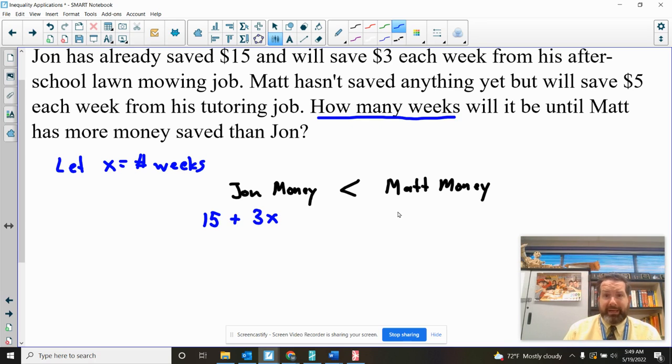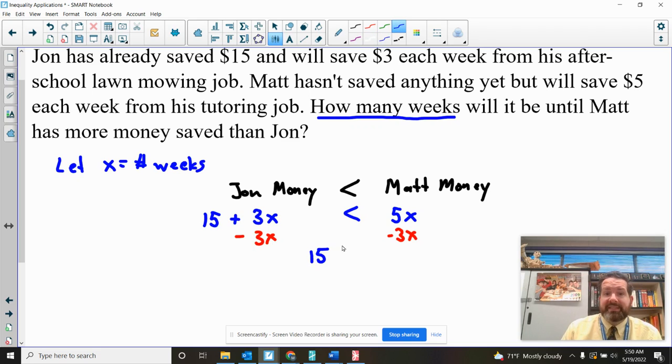Now, Matt doesn't have any money right now, but he is going to save $5 for each week. So $5 times the number of weeks. When you have an inequality like this, where you've got variables in two different places, the first thing you should do is get the variables in just one place. So I want to put my x's together. You've got choices. I'm going to subtract the 3x over here to the other side. Now 3x minus 3x, that goes to 0.